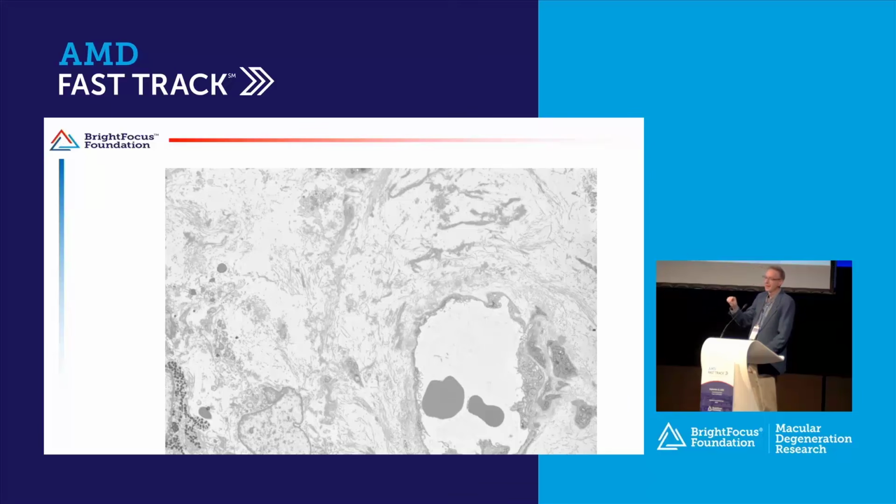RPE atrophy is clearly a late part of this disease, in my view. In fact, you can have RPE sitting on top of an old fibrovascular scar for years. They don't care. It's a robust cell. But if it's failing to do its job in maintaining the rest of the health of the eye, then that could have these other consequences. But from our work, we have a choriocapillaris-centric view of the universe in terms of AMD.